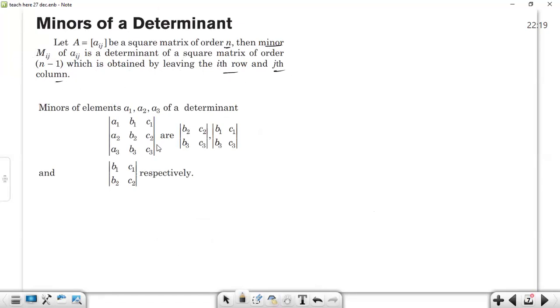So whichever element we are discussing, we have to exclude its row and its column. Then whatever is left, its determinant will be our minor. So let's say for A1, we have excluded this row and its column. Now the remaining elements' determinant will be the minor of the first element.